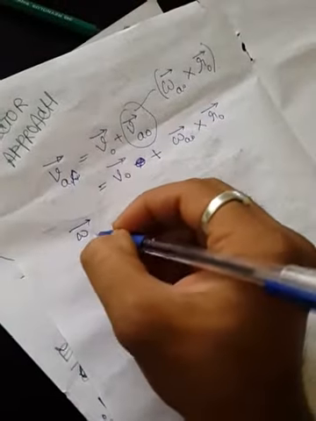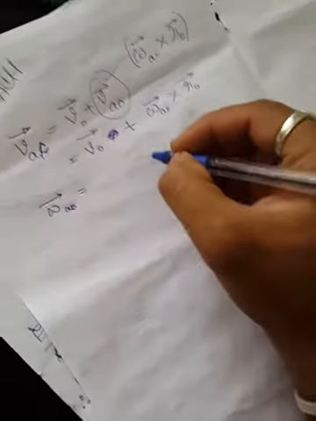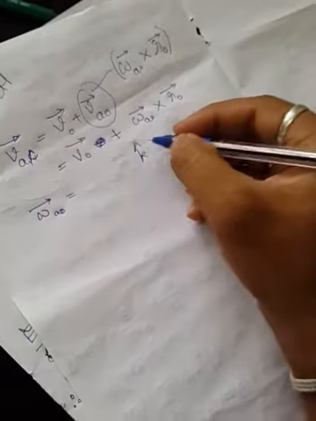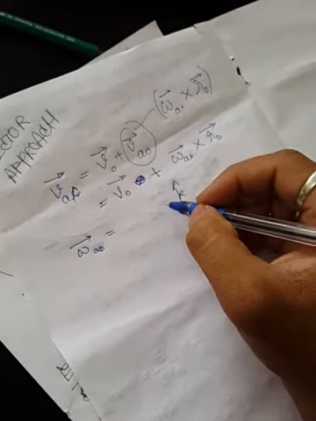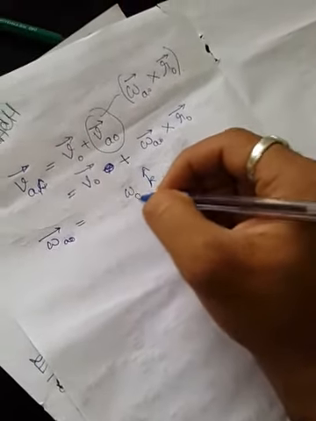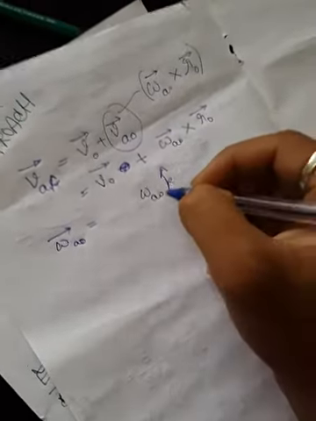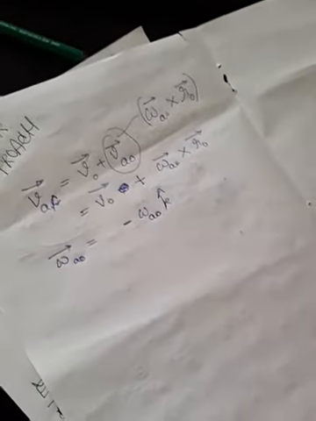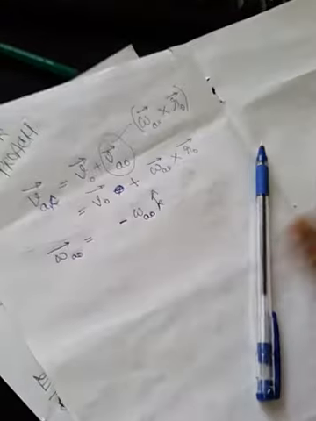Omega_AO is the magnitude, but it is in the negative direction, because of the clockwise rotation of the wheel.